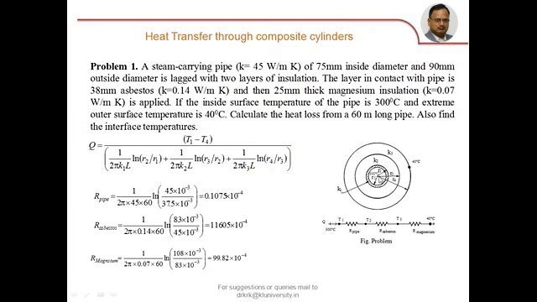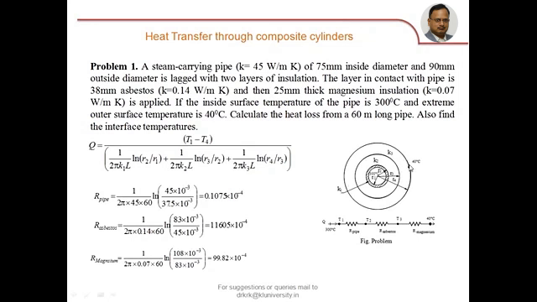If you carefully look at this problem, for the heat to flow, first it has to flow through the pipe wall. And this pipe wall offers conduction resistance. Then after crossing this pipe wall, it has to pass through insulating layer 1, that is asbestos. And then again it has to pass through the magnesium.